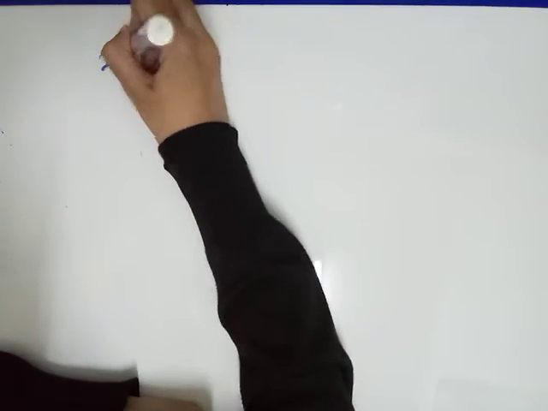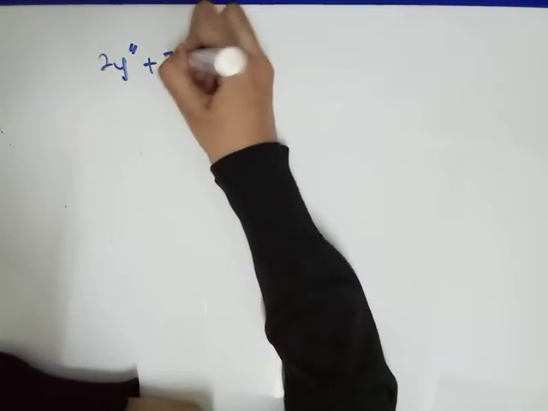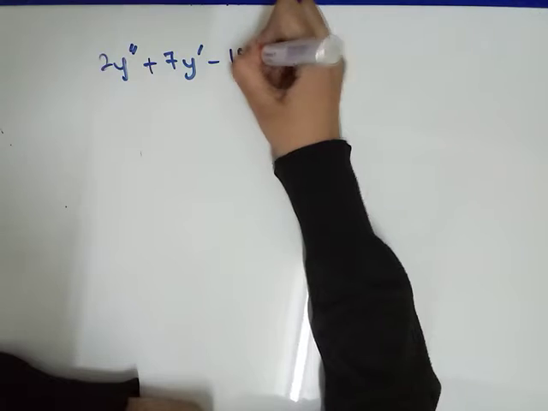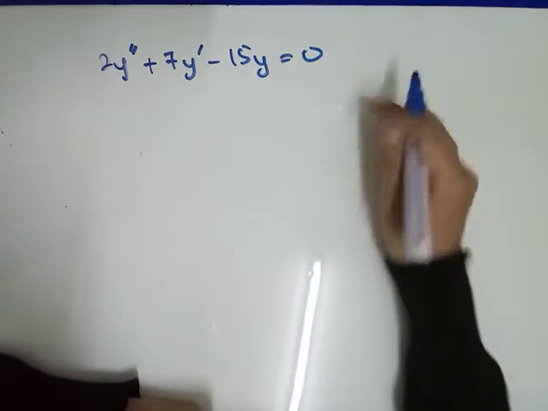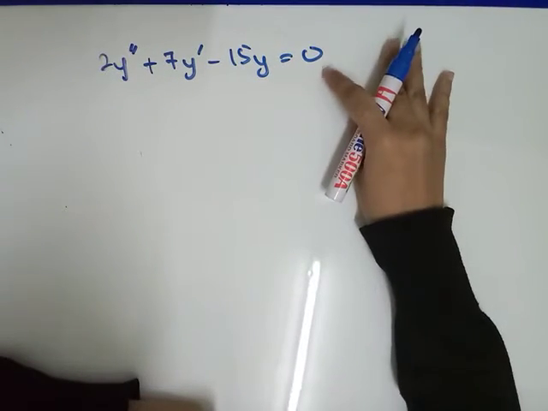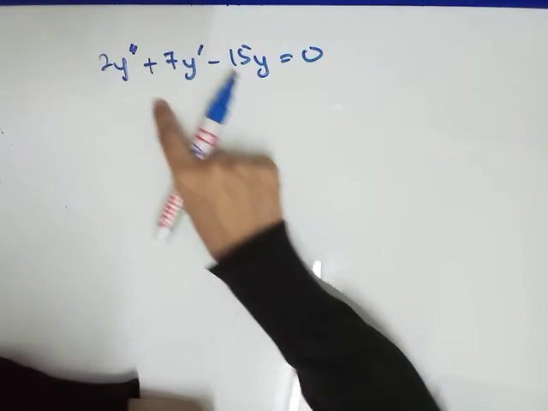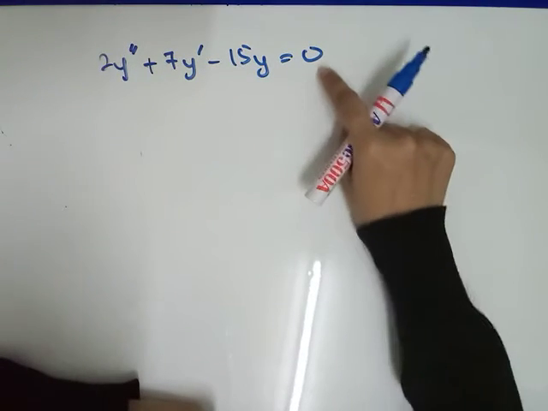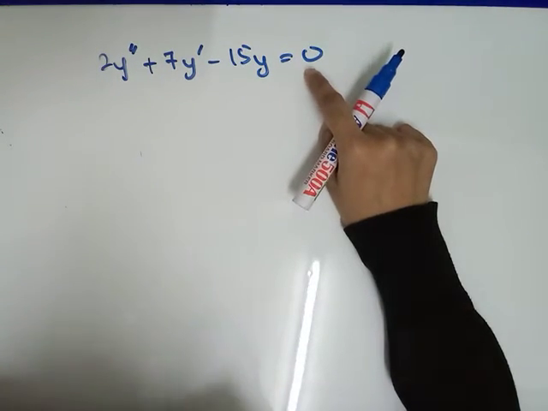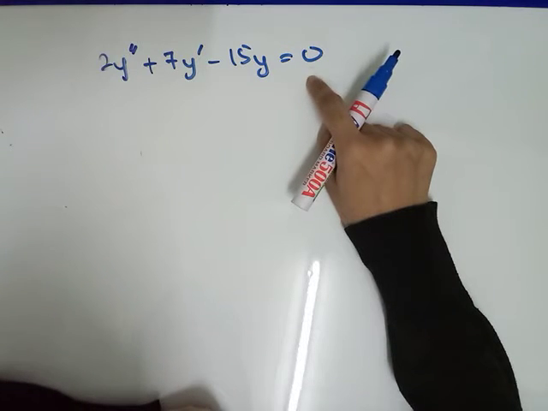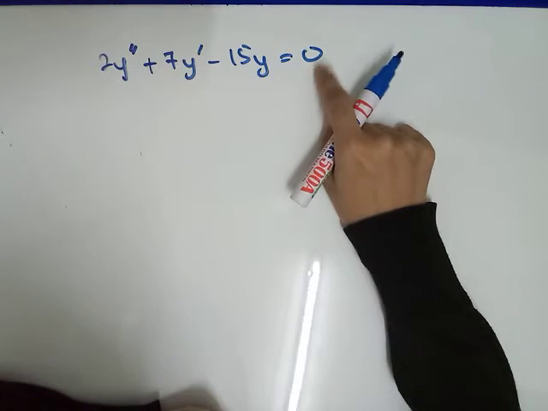So, example 4.1, we have 2y double prime plus 7y prime minus 15y equals 0. As you can see, this is second order differential equations, second order homogeneous differential equations. Sebabkan the right side value dia 0, this is homogeneous equation.